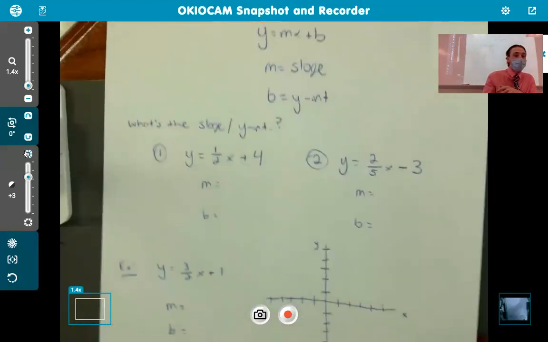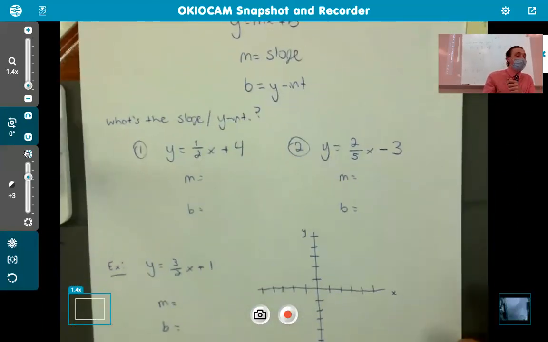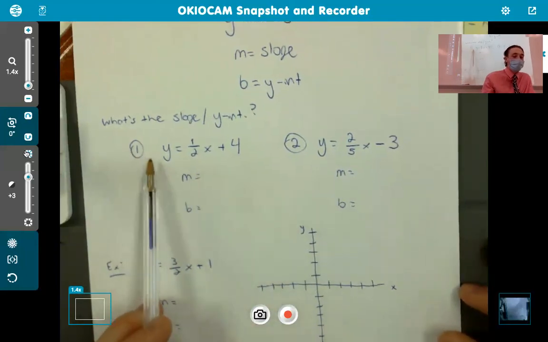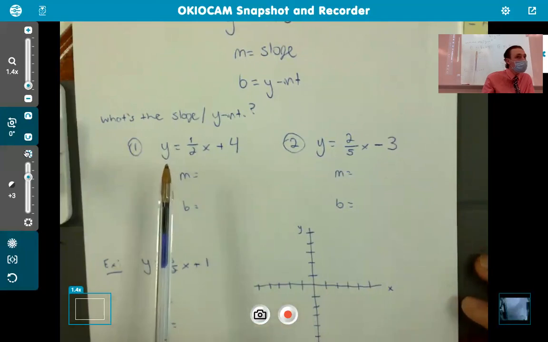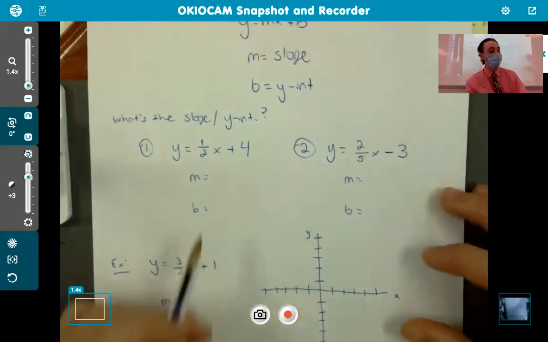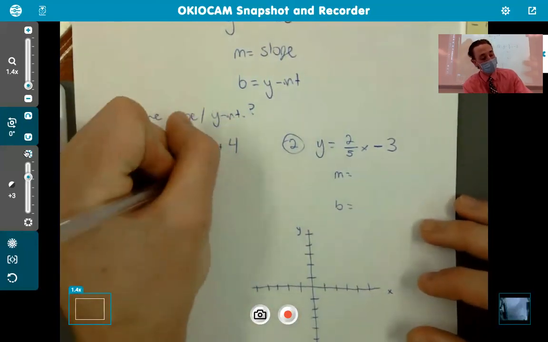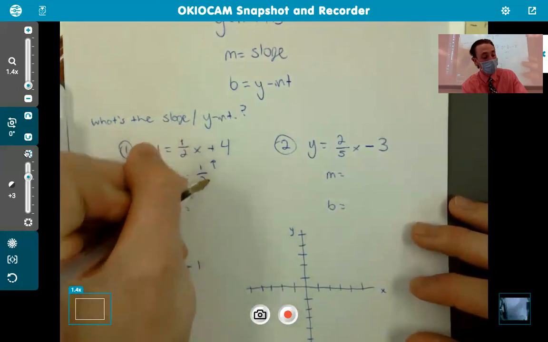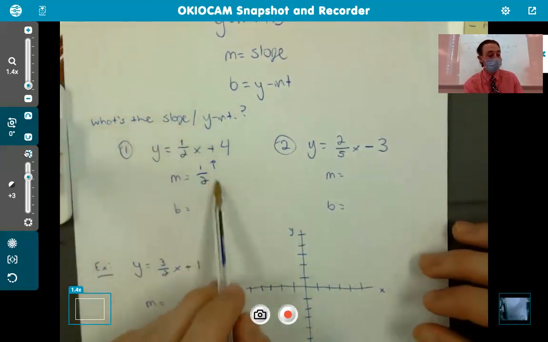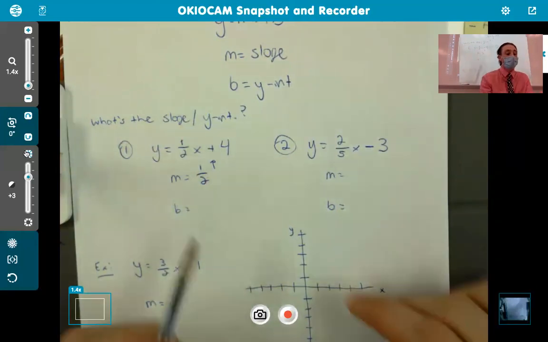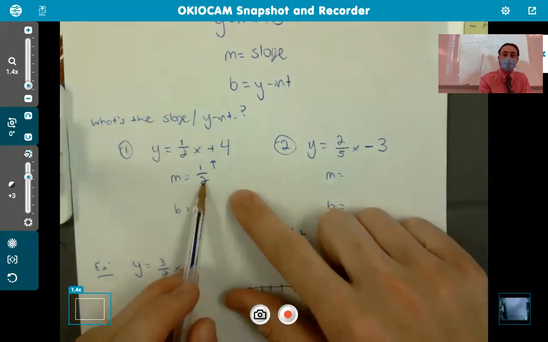So if I'm taking a look at these examples here, for number 1 and number 2, somebody tell me what the slope is in number 1. 1/2, right? It's that number that's always being multiplied by x, so it's 1/2. Remember yesterday we talked about we go up 1. In this case, because we're dealing with fractions, we're now going to go to the right however many the number is.